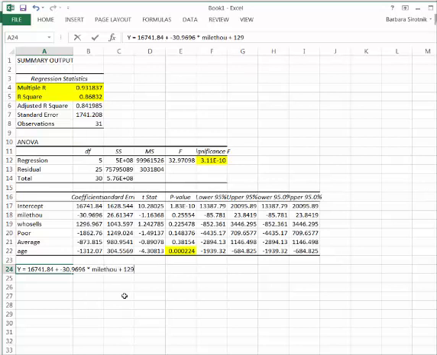plus 1296.967 times who sells it, whether it's the individual or the dealer, minus, or we could put it in as a plus, the negative 1862.76, and that's going to be times poor, my new variable, plus the negative 873.815 times average, and then finally we get to the thing that's actually good, my negative 1312.07 times age.